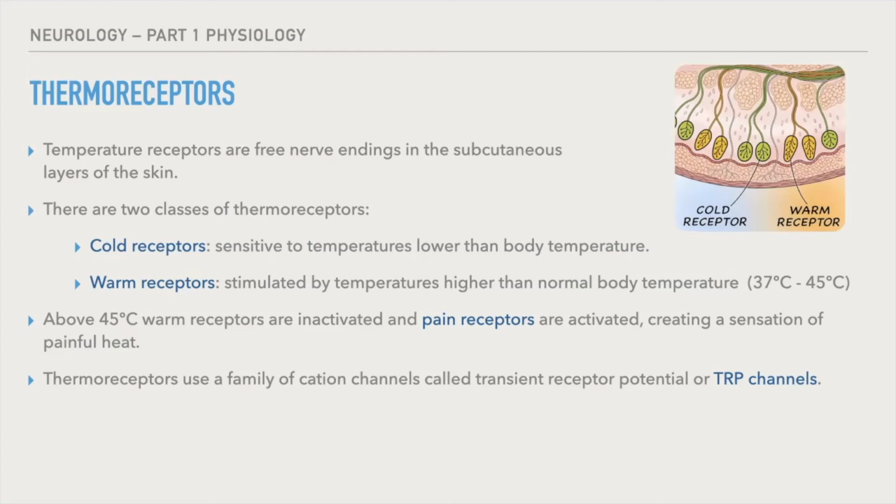The fun fact about these channels is that they can be activated by compounds present in spicy foods, and this phenomenon explains why people describe the taste of chili as hot. On the other hand, transduction of cold temperatures can be stimulated by compounds like menthol, which gives the cold sensation.